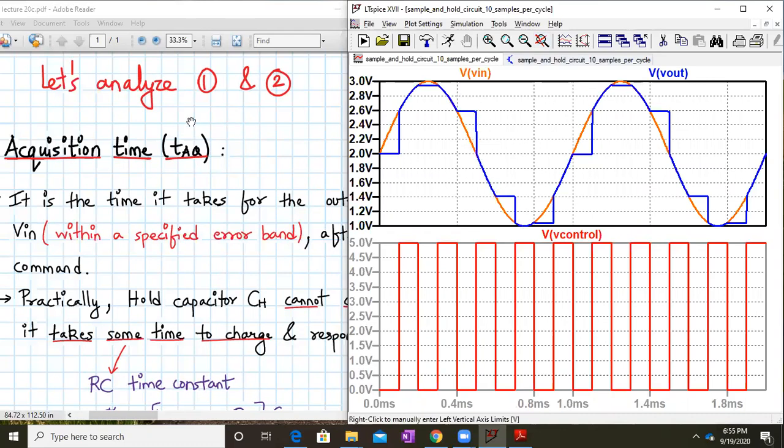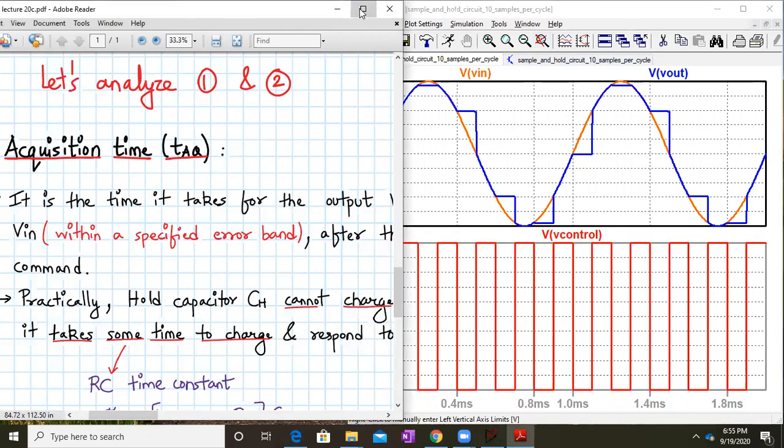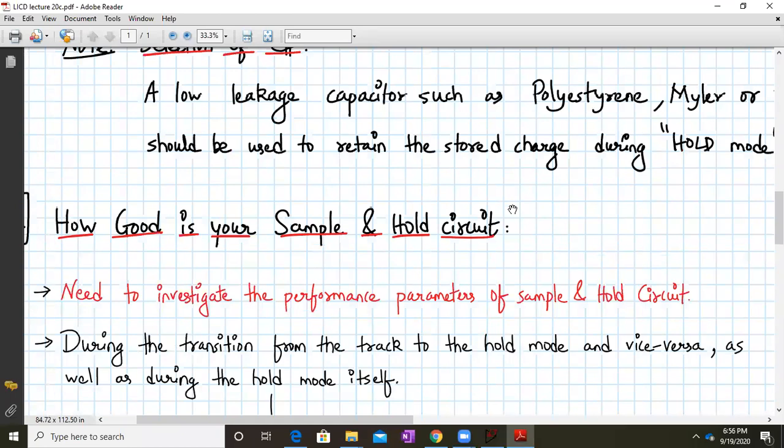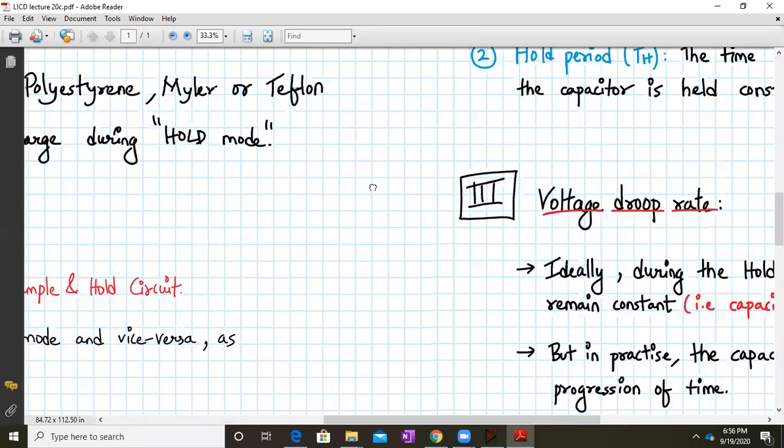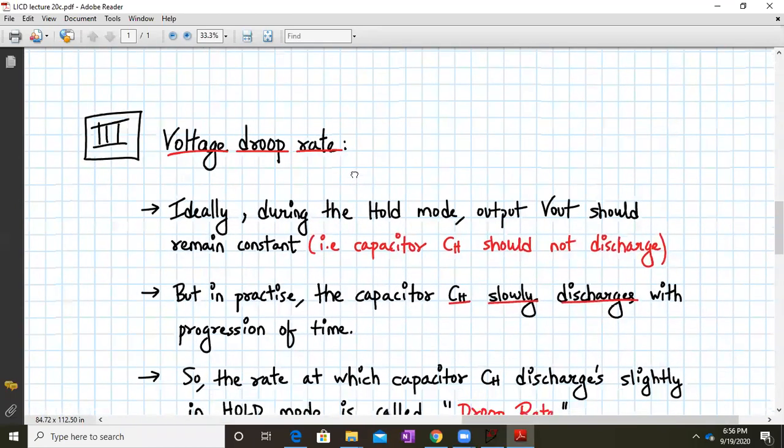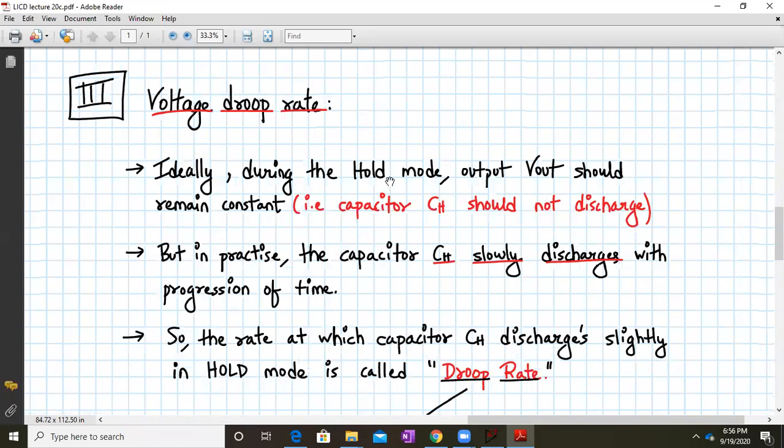So here it is. Okay, fine, we'll go back to our PDF and we'll discuss the voltage droop rate. Ideally, during the hold mode the output voltage should remain constant. That means the capacitor should not discharge. But in practice, the capacitor will slowly discharge with the progression of time.